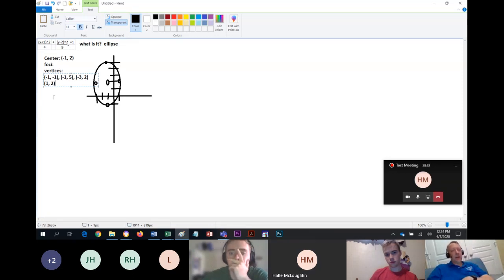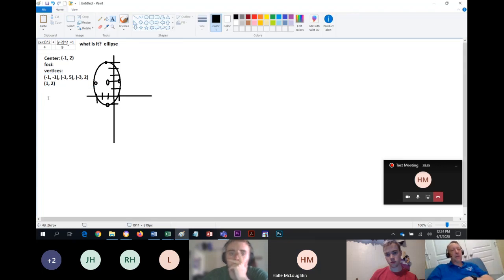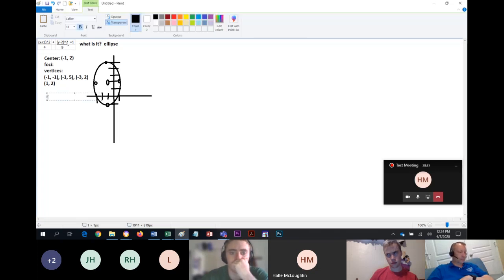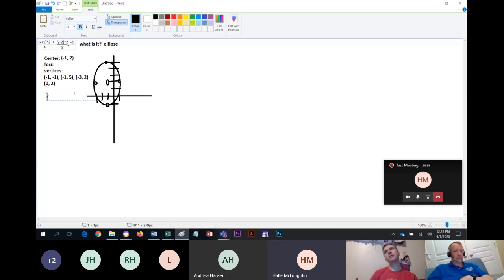Okay. Now the foci will be a little different. How do we find the foci? You guys remember? So it'd be a squared plus b squared equals c squared. That's what it is for the hyperbola, but not for the ellipse.